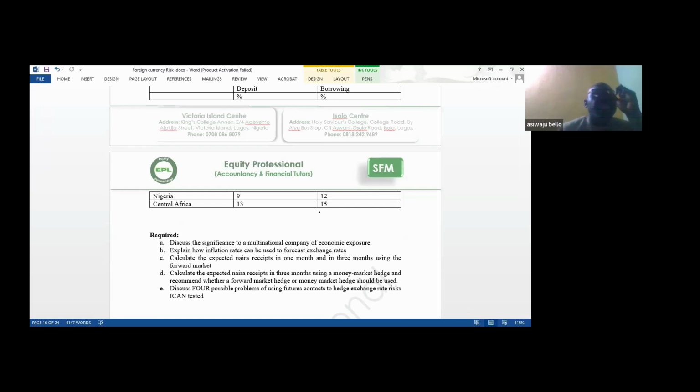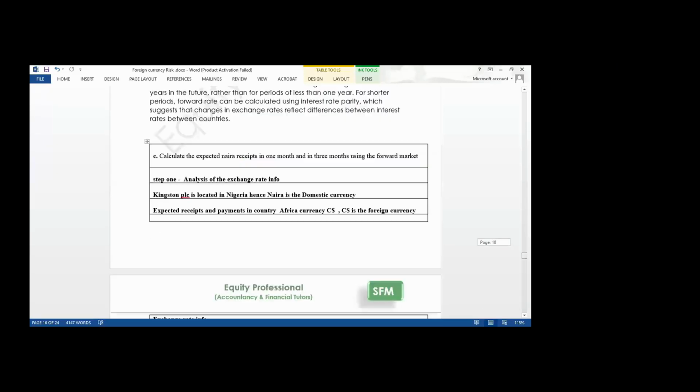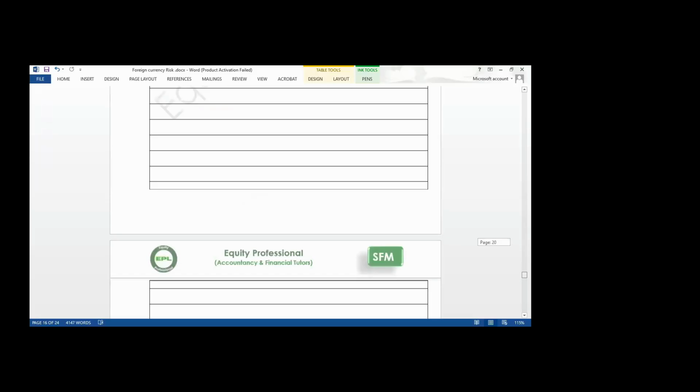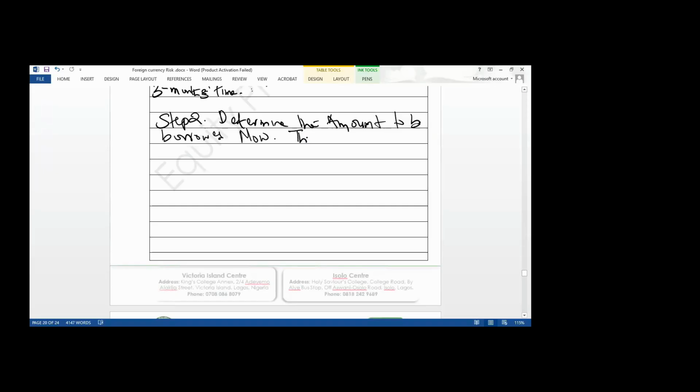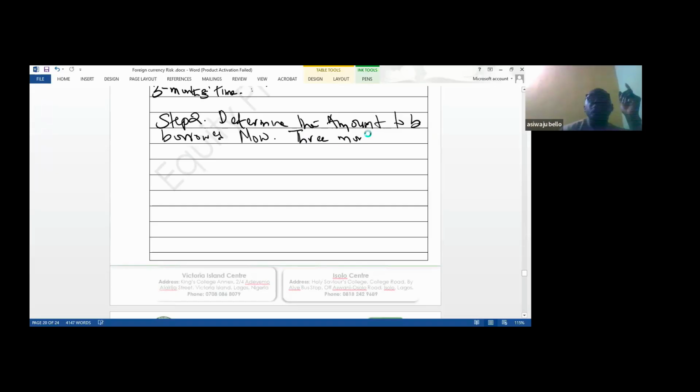But the company will borrow for 3 months. That means I need to get the 3-month borrowing rate in Central Africa.